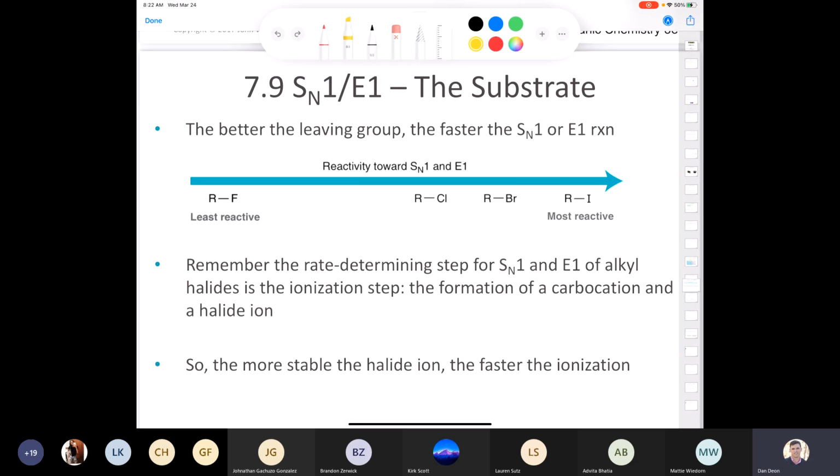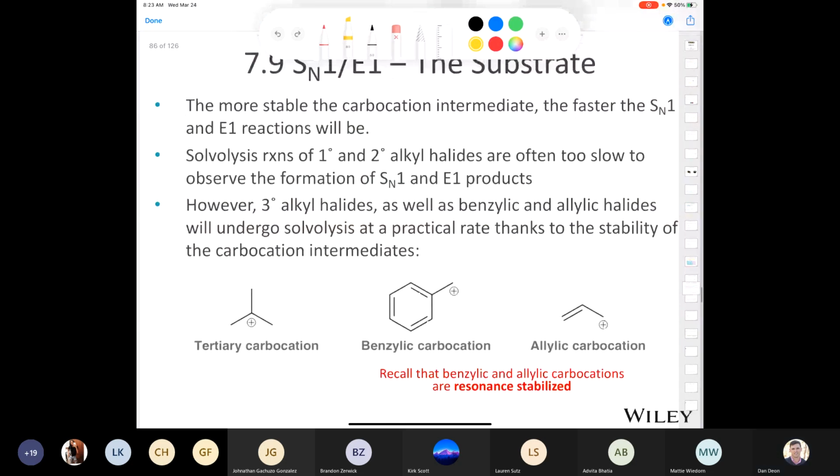Well, if the rate determining step for the unimolecular reactions, SN1 or E1, is the formation of the carbocation, and of course you form a halide, then the more stable the halide, the faster the ionization. So if we have a tertiary alkyl iodide, it's going to react faster than a tertiary alkyl chloride, simply because iodide is a better leaving group than chloride.